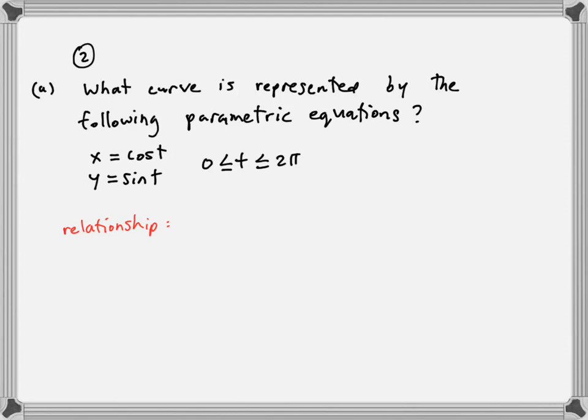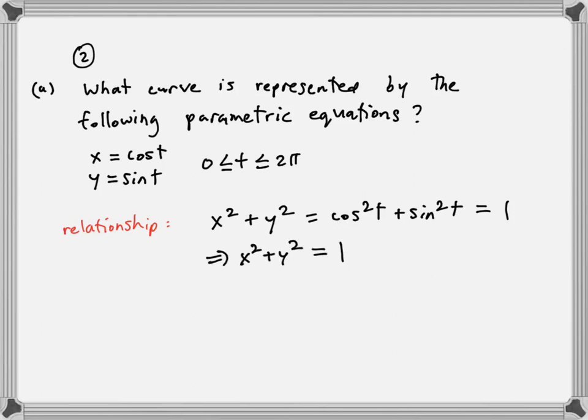It's true, for example, that x squared plus y squared in this problem would just be cosine squared t plus sine squared t, which is equal to 1. So this means that x squared plus y squared is equal to 1. Okay? What does that mean? That means that actually this curve is the unit circle.